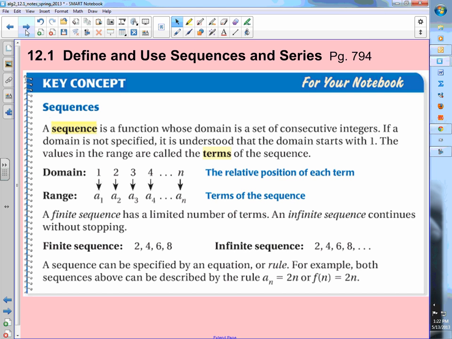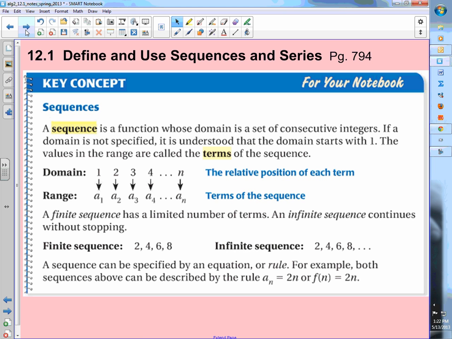All right. So obviously, you got that. When we look at a sequence, you're looking at an ordered list of integers. Now you're looking at an ordered list, and there are two things that we're concerned with in the sequence: the members of the sequence and the position each term is in the sequence.